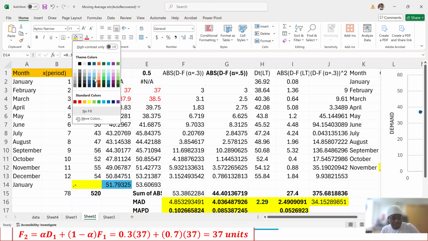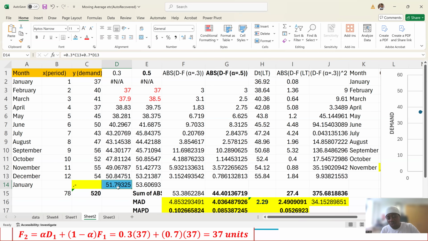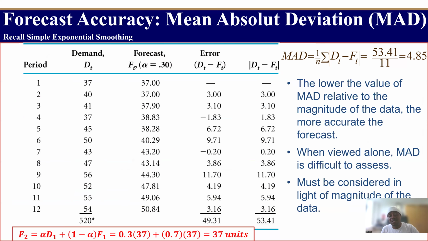Let me highlight it. This 51, which was for January, period 13, whether we believe it or not, its error will be determined by the mean absolute deviation. And the mean absolute deviation is clearly showing 4.8 error. So maybe it's small, maybe it's high, but we need to juxtapose that against the others.